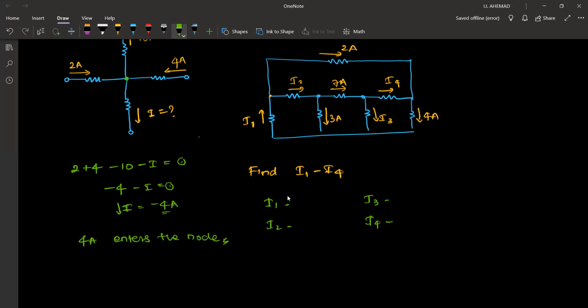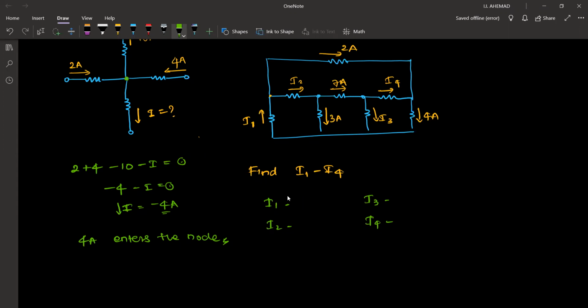So the idea is simple, right? The current entering the node is equal to the current leaving the node. Here, which one is easy to find first? I1, I2, I3, I4. I2 is easy. What is the value of I2? Here, this I2 current has to divide as 3 and 7.